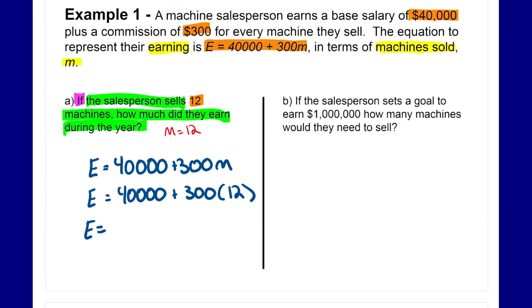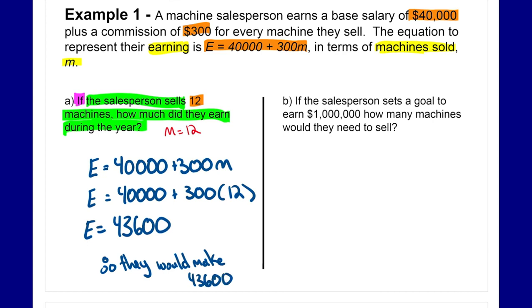So 300 times 12 plus 40,000 gives me 43,600. So therefore, they would make $43,600.